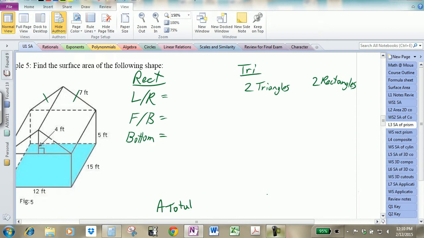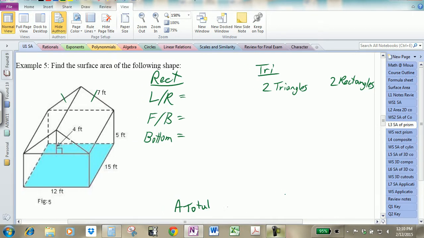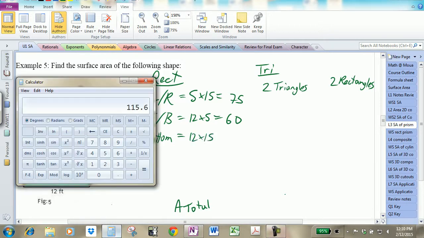Okay, so let's go over this together if you're not done. Now, the left and right would be 5 by 15, which is 75, is that correct? Front and the back, 12 by 5, which is 60. The bottom is 12 by 15, 180.